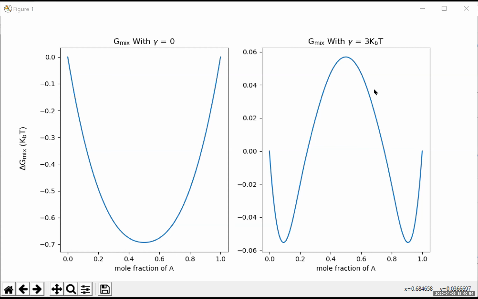Okay, thank you. Right, so if gamma equals 0, as you asked about, then there's no driving force that would make the molecules prefer their own kind. So if every possible state is the same energy, then you'll want to go for the one with the most multiplicity.